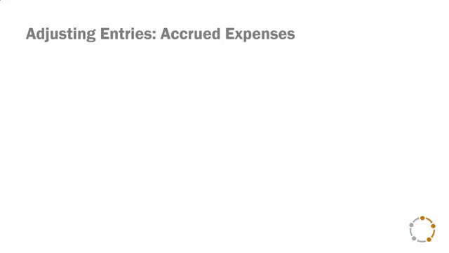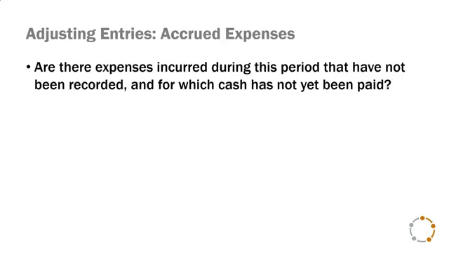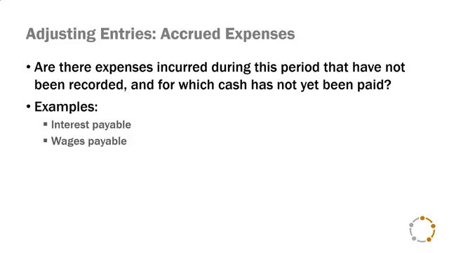Okay, finally, let's look at accrued expenses. Here, we're looking for expenses that occurred during this period that have not yet been recorded and for which cash has not yet been paid. What are some examples of these? One example is interest the company owes to the bank that it will pay to the bank the following period.